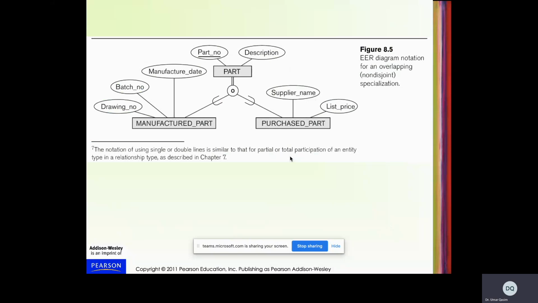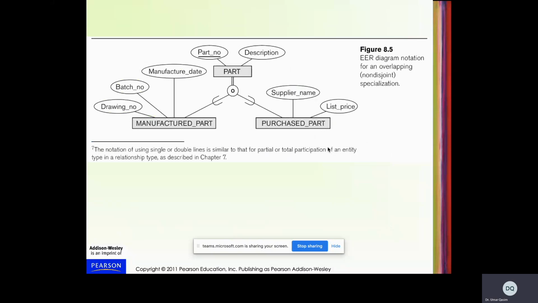In this case, one thing you note is there is a single line between employee and d. So there may be a case that he is none of them. He is not a secretary, not a technician, not an engineer, he has some other role which is not defined here.